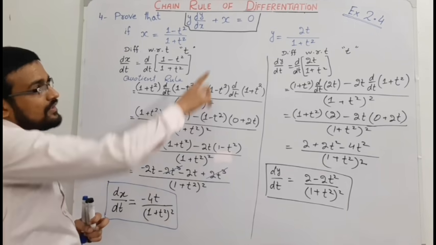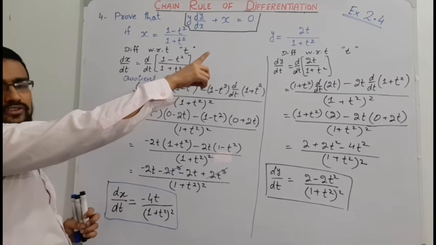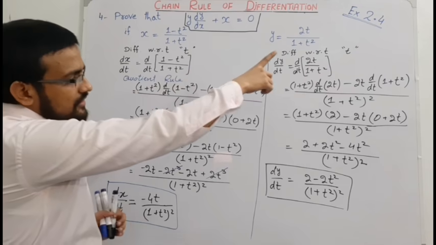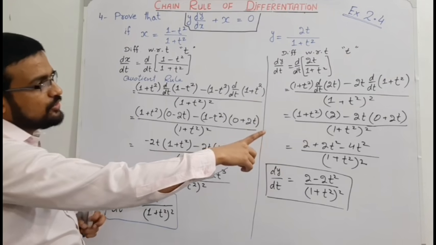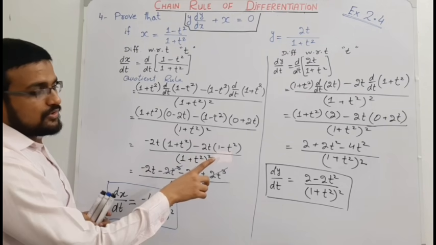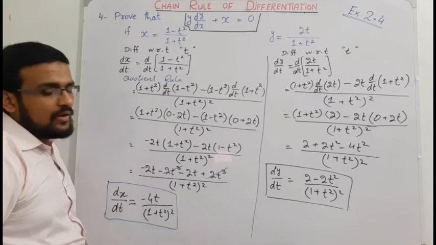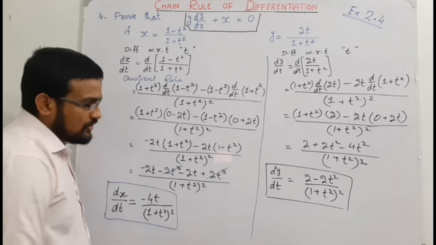Okay, then y is also a function of t, differentiate according to the quotient rule, and again this one: 2 minus 2t square divided by 1 plus t square whole square.